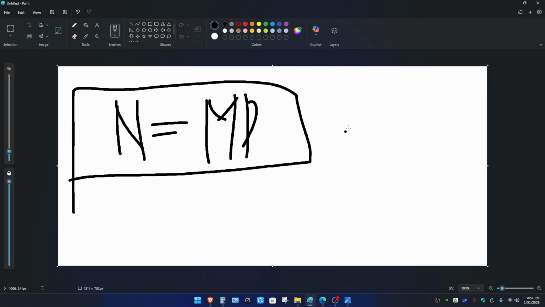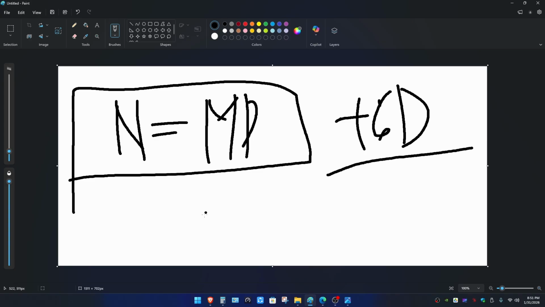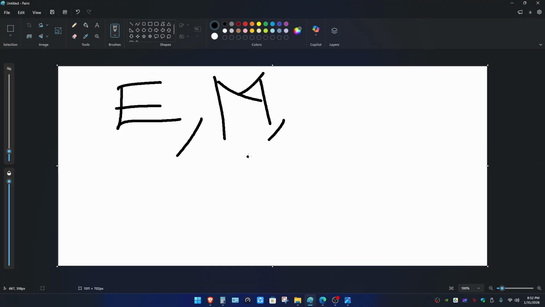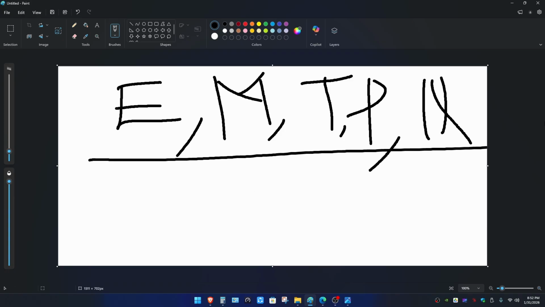The reason I'm saying this is that the thermodynamic variance of the plus 60 atoms, according to my circadian theory, is never destroyed. From 1 to 82, not a single atom can be destroyed. So when we say we are looking for subatomic particles such as electron, muon, tau, proton, or neutron, we are forgetting what these truly are.